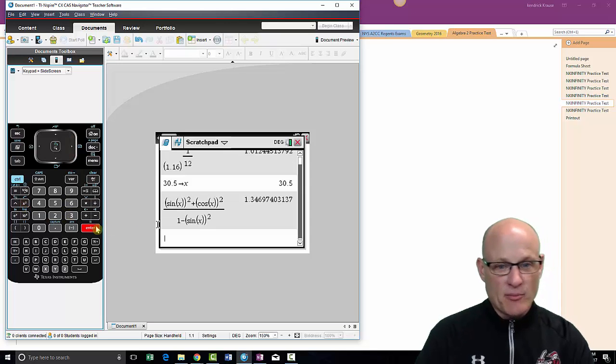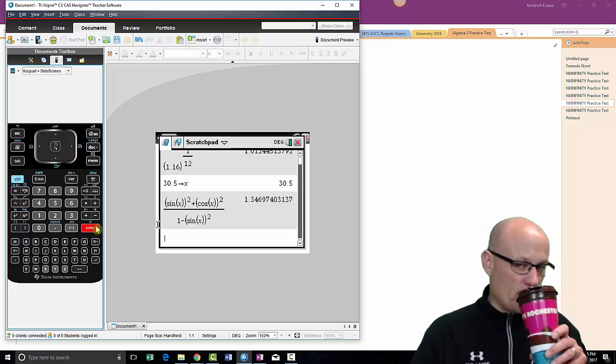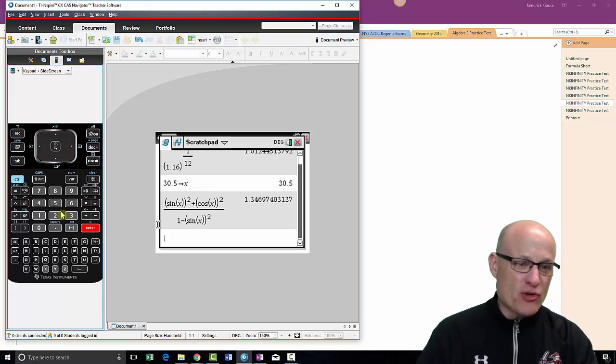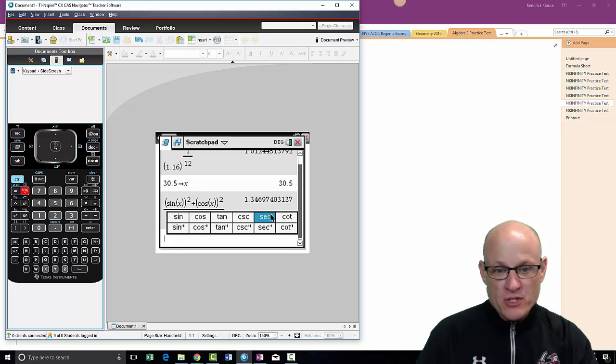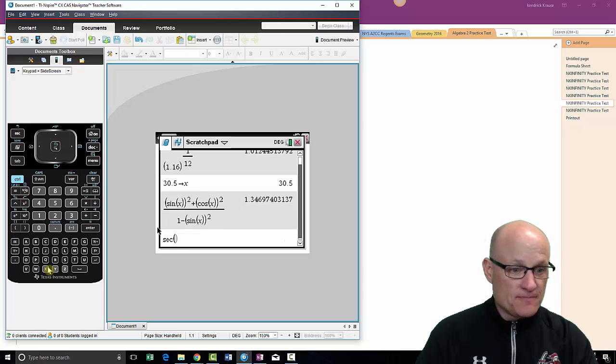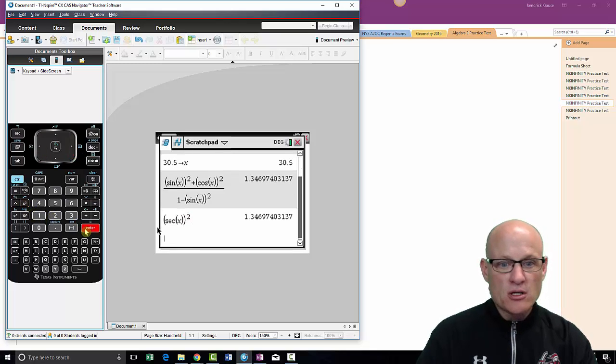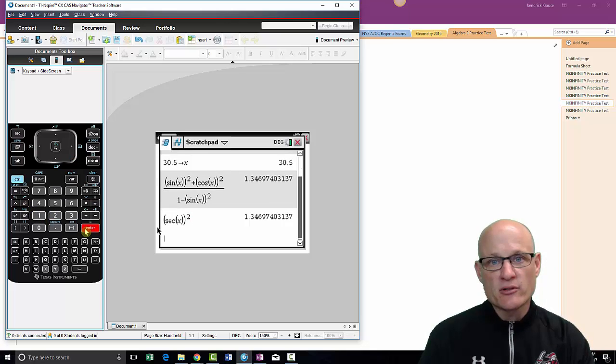Now, if you type that in, you get some obnoxious number like 1.3467. Say, what? And then you try the answers like secant of x, forgot my parentheses, squared. Oh, look. Exact same answer.